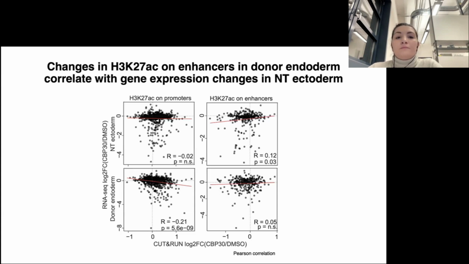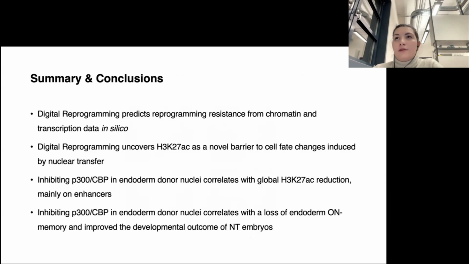So with this, I come to the summary, which is that in this study, we could develop a digital reprogramming approach, which based on a machine learning approach could predict reprogramming resistance from chromatin and transcriptome data. We uncovered K27 acetylation as a novel barrier to changes induced by nuclear transfer.